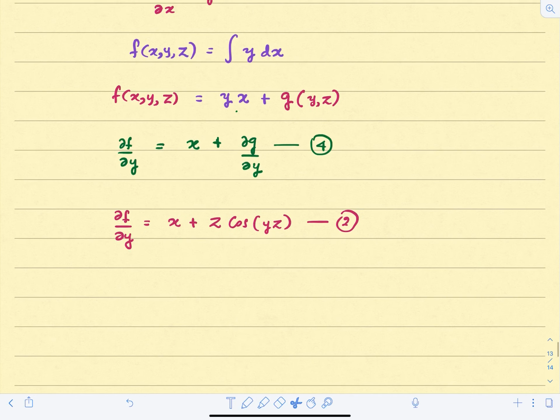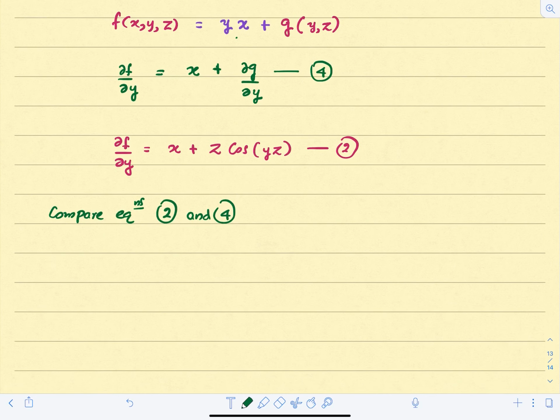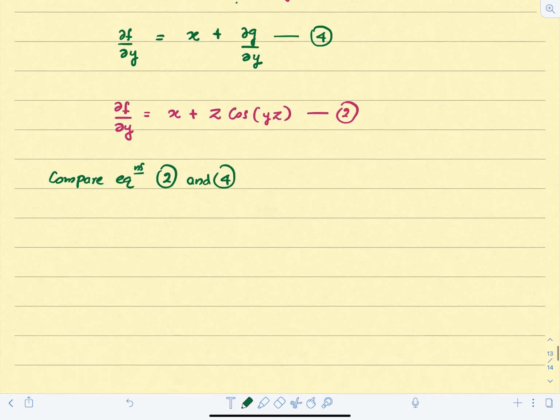Let's compare equations 2 and 4, because both equations represent partial f of partial y. So x plus z cosine of yz equals x plus partial g over partial y.